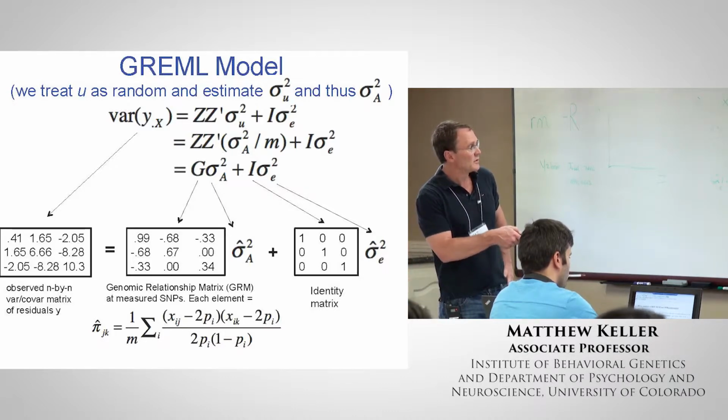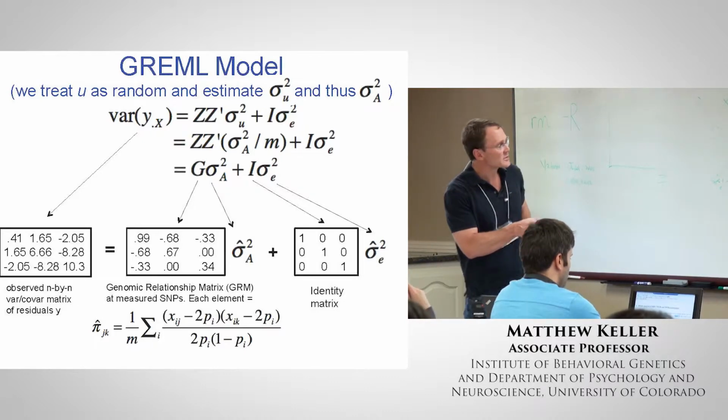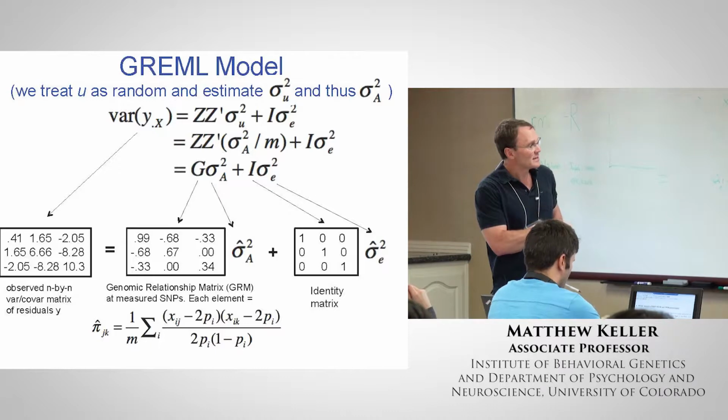Let me go through this first. ZZ prime, I said it was this, it's not actually quite that, because this is ZZ prime over M. So how does that work?